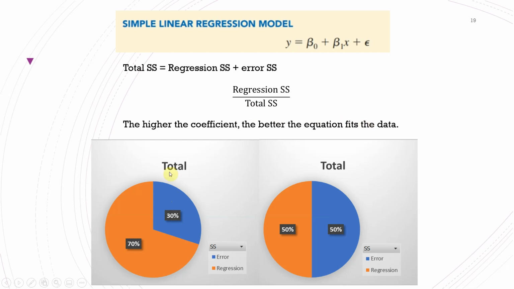Again, if you're visual, a different way of looking at this is that we're trying to explain the total sum of squares, and it is equal to two parts, the regression and error. The more of the regression that's explaining the total sum of squares, the better. Remember, our regression really is our predictor variable.